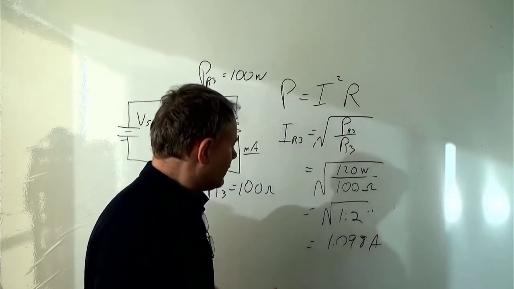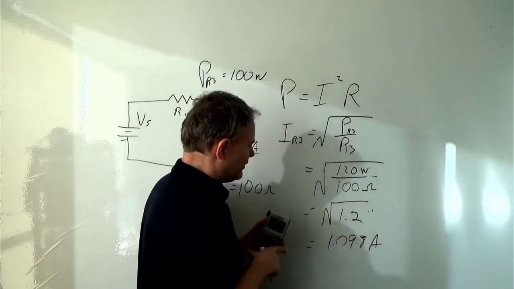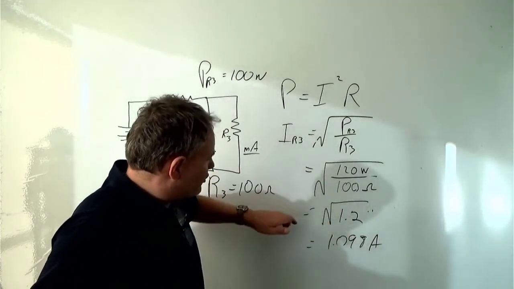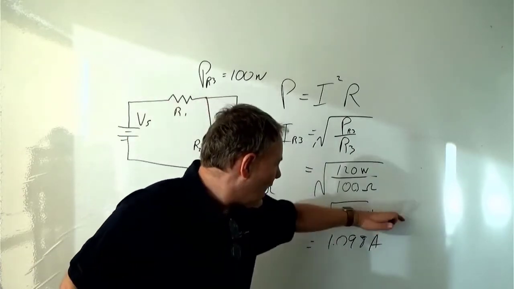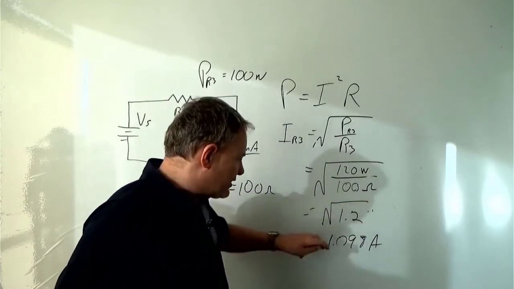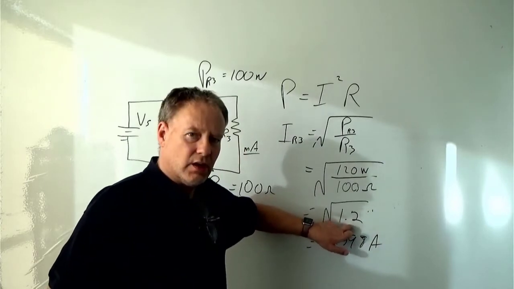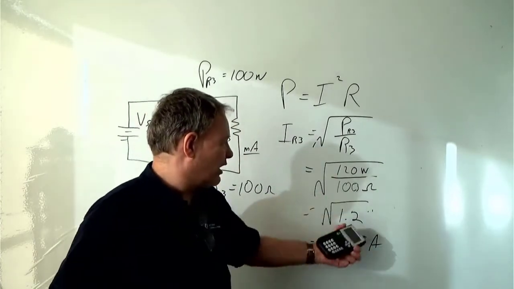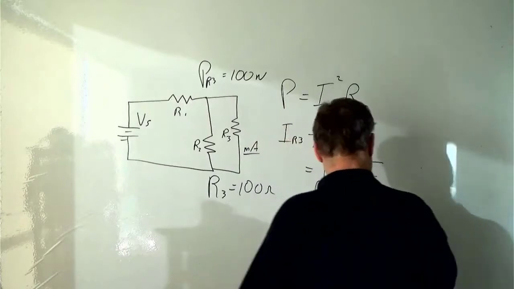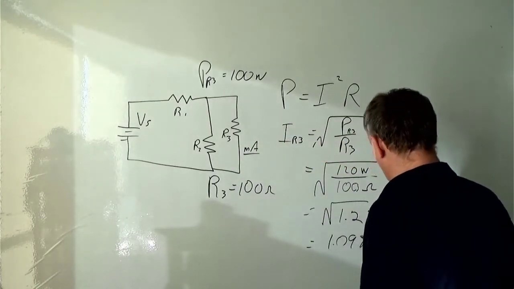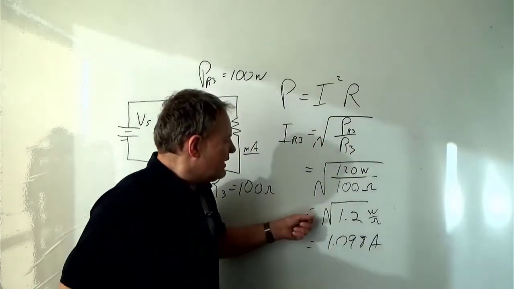But you see, the reason you can't do this, there are 3 steps. The reason you can't do an in-between step is because this doesn't have a unit. Well, technically, the unit here is W per ohms. But the thing is, we don't need to do that step.